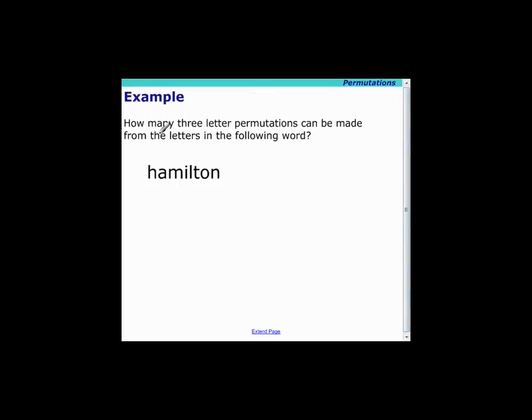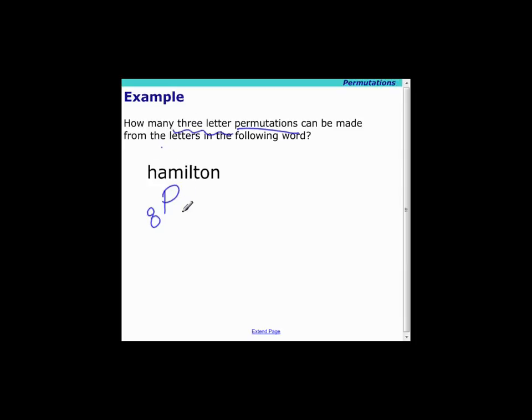Okay, here's another example, and again, similar to one we've just done. How many 3-letter permutations can be made from the following word? So I have the word Hamilton. Notice that none of these repeat. If they repeat, there are special things I have to worry about. But here it looks like I've got 8 letters altogether, and I want to know how many permutations I can make using just 3 letters.